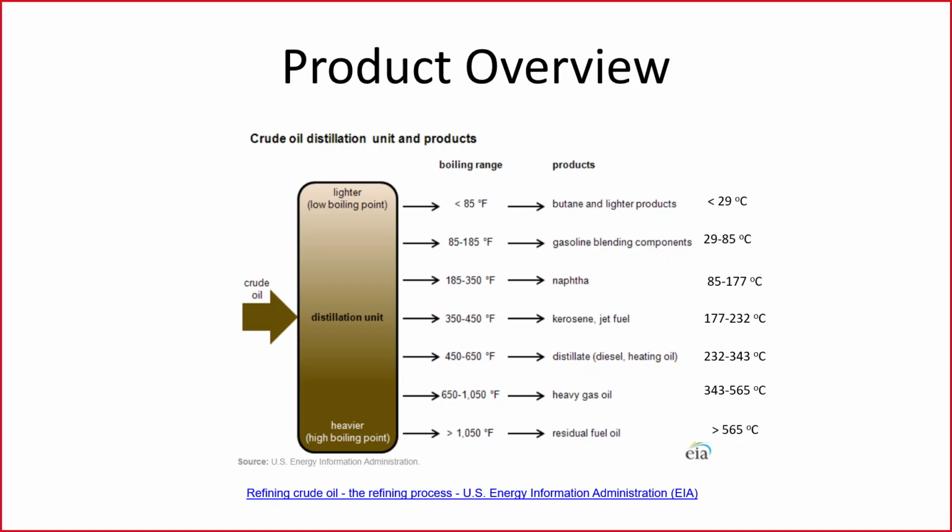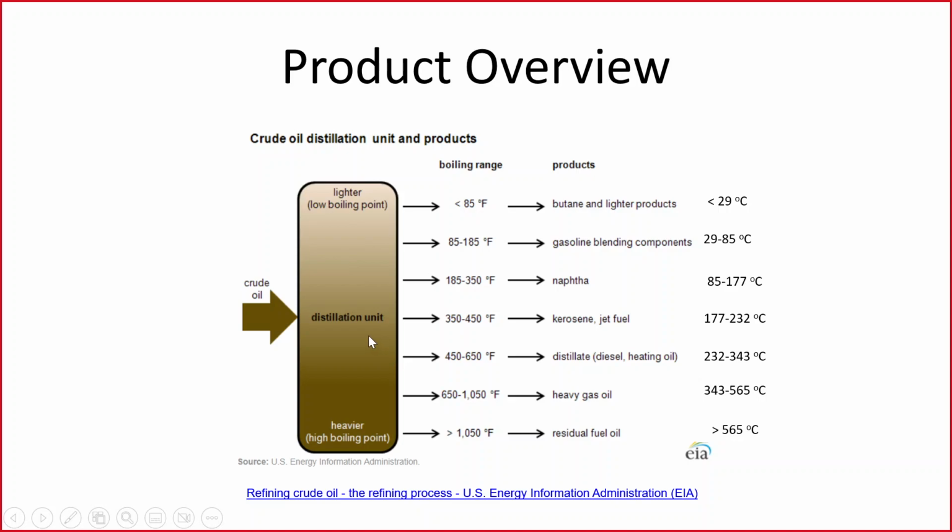So we separate them based on their volatility. A lower boiling point means lighter components with very high volatility. Low boiling point, lighter, and also high volatility.